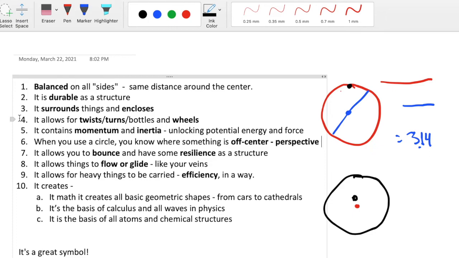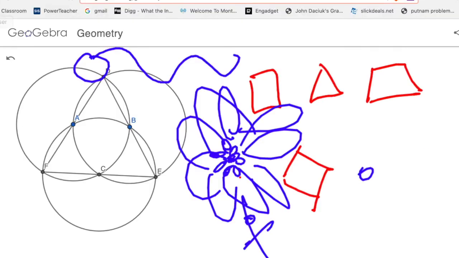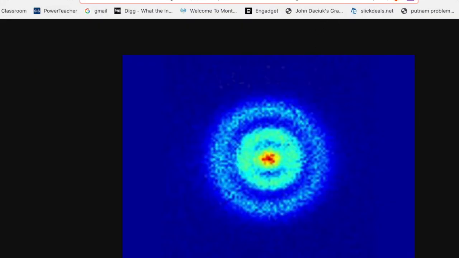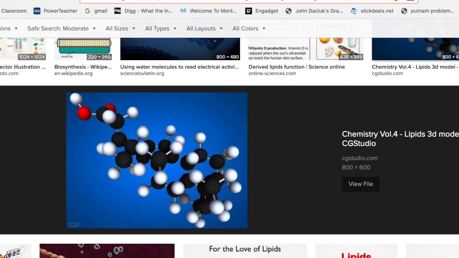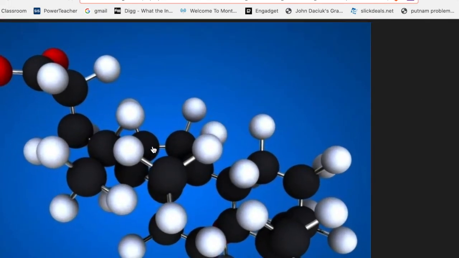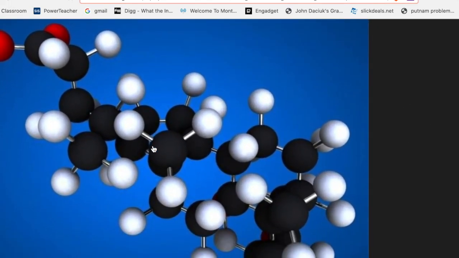So not only is the circle used to create in math, but when you think about it, everything we're made out of is a circle, an atom. So maybe in both ways, spiritually and physically, when they say we're made in the image of the Creator, maybe we're made spiritually in that image, as well as literally in the symbol or image of a circle. We're all made out of that.